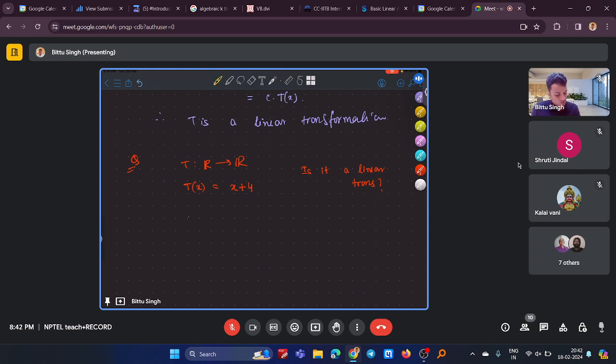You can see that T of 0 is 0 plus 4, which is not 0. Hence, we know that under a linear transformation, 0 remains fixed, or 0 is invariant. Therefore, T is not a linear transformation.